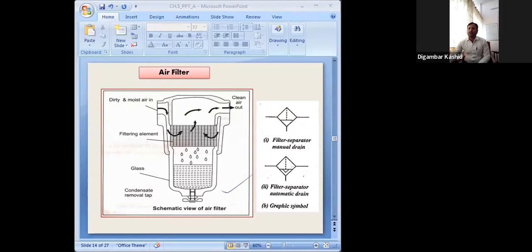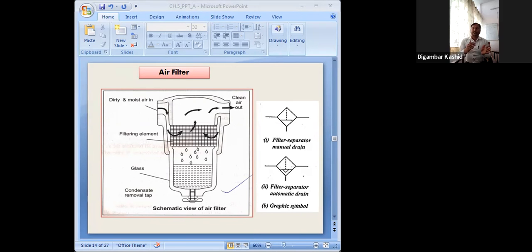Okay, so filters are available in wide ranges, starting from fine mesh wire cloth, which only drains out the heavy foreign particles, to elements made of synthetic metals which are designed to remove very small particles. Up to that range we have air filters available.